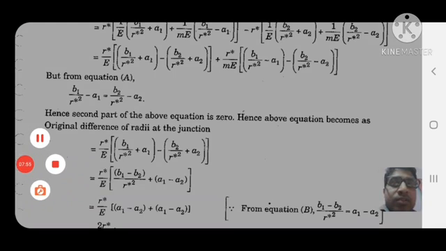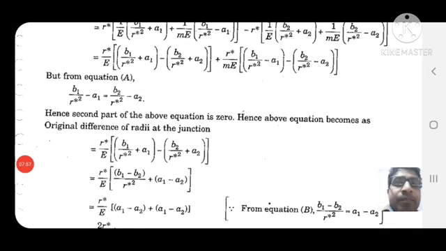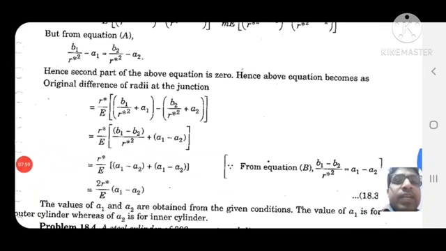But from equation A, b1 by r star square minus a1 equal to b2 by r star square minus a2.